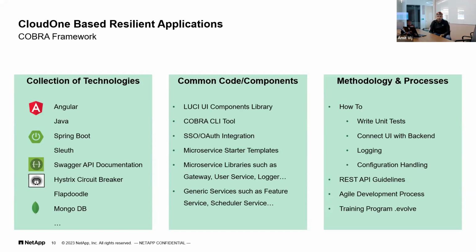We have a Kubernetes cluster for which we use Rancher. We have all sorts of scans and things like that. And then we use our component library called Lucy. That's also a NetApp-built UI component library. We have a CLI for our applications. We use SSO, OAuth, and things like that.